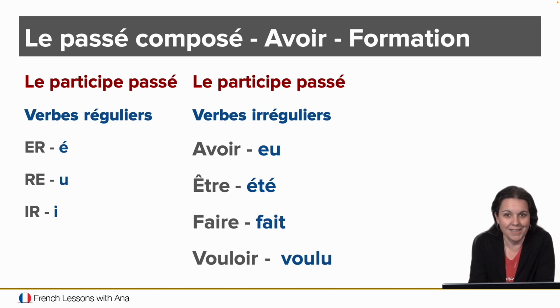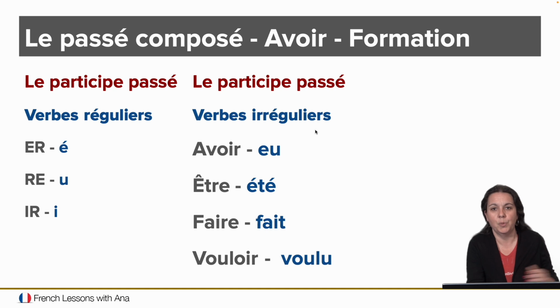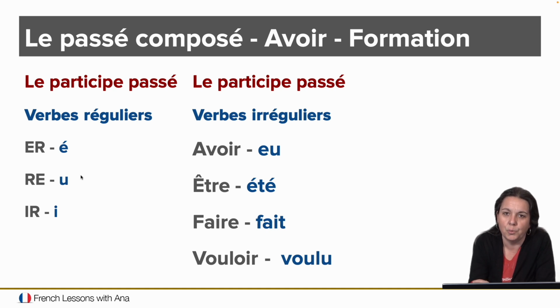But then, just like in English, in French, we also have some that don't follow that rule. So, for example, in English, the past participle of be is going to be been, right? Do, done. Well, in French, some of the verbs also have their own past participle and do not follow this rule we just saw.